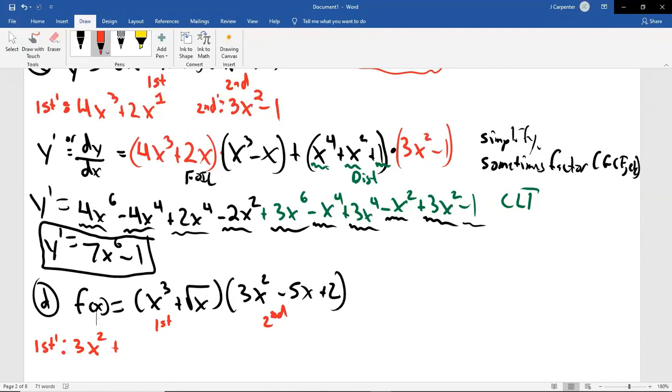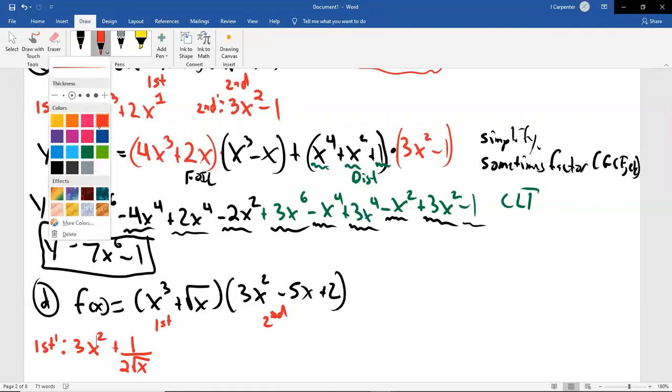It turned out to be 1 over 2 square root of x.